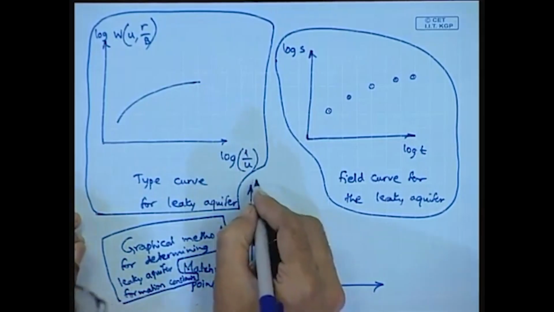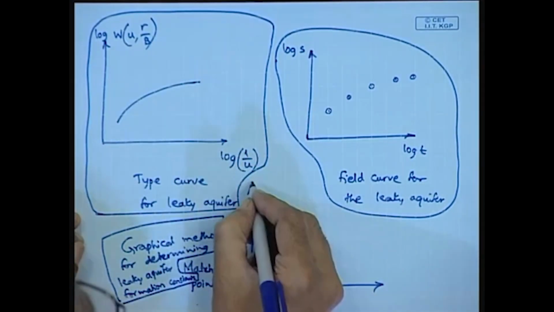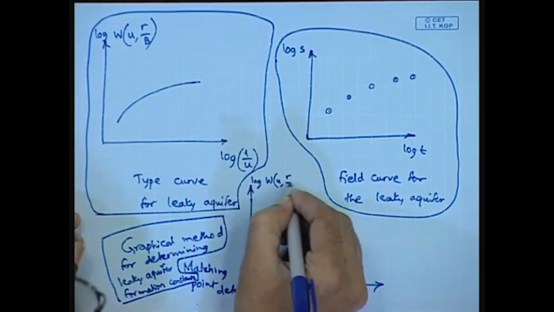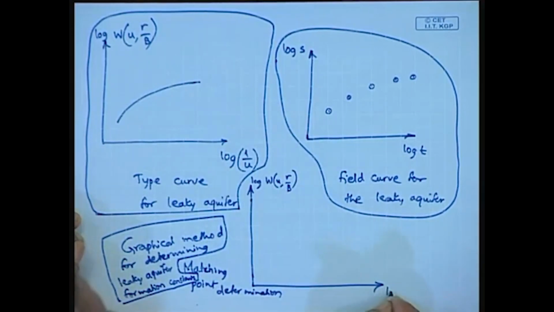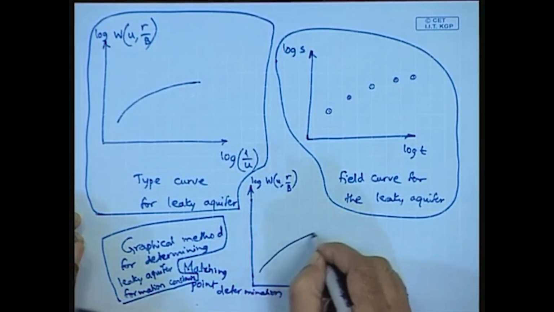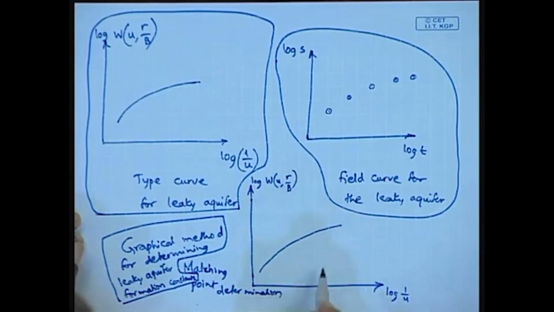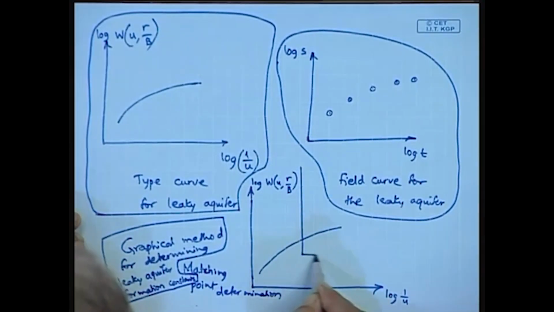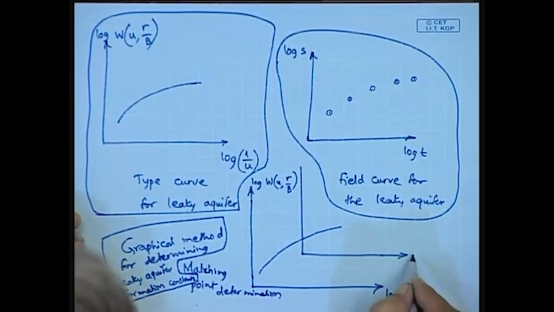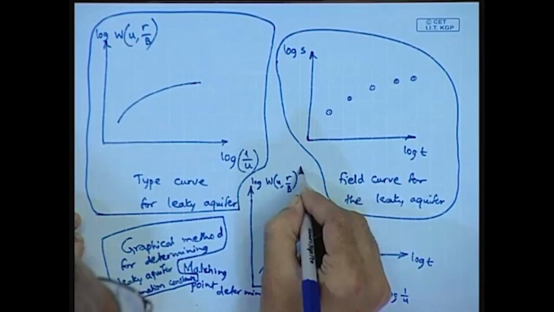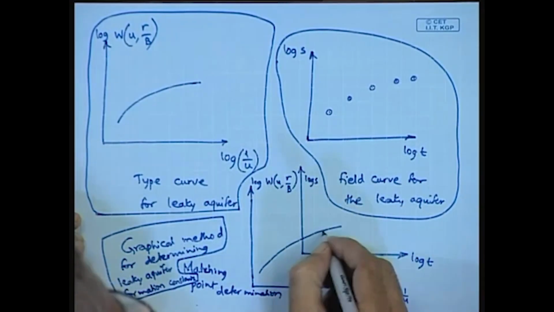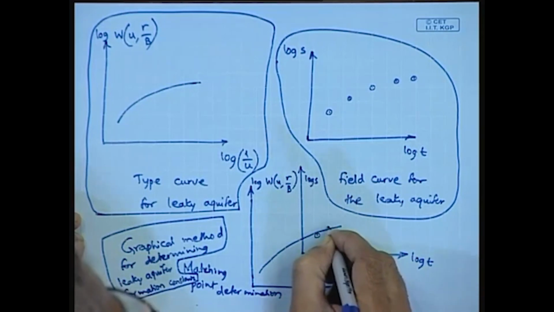Here, firstly there is the type curve having log of W(u, r/b) versus log of 1/u, which has this kind of a nature. It is matched with the field curve, log of t and log of s, wherein we have a number of data points like this.